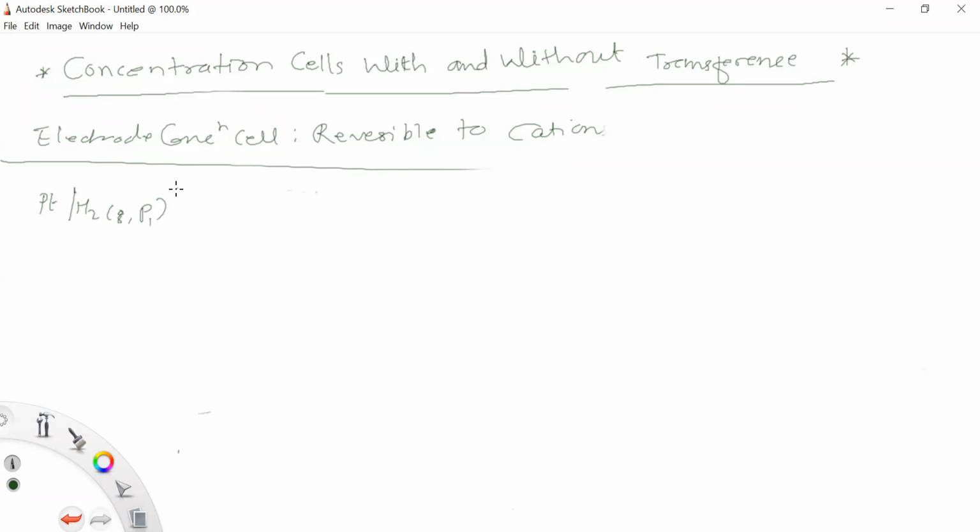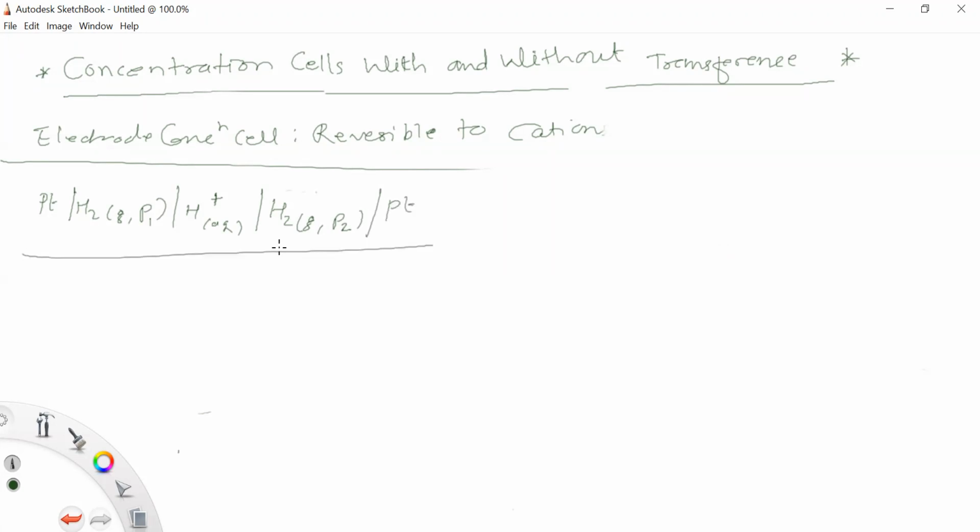Now this electrode is present in HCl solution. We write here only H plus, because this cell is reversible to cations. This H plus ion is aqueous, and the second electrode is the hydrogen gas electrode, with pressure P2, connected with the platinum.